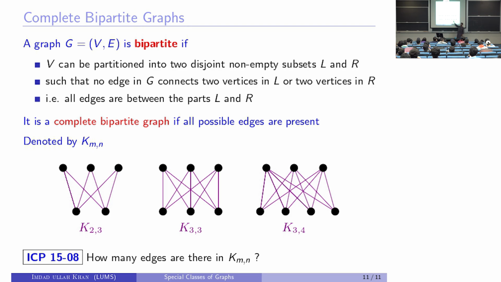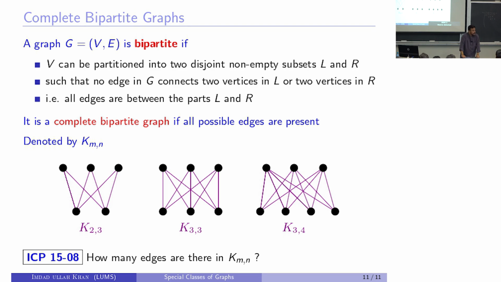What's the degree of every vertex in the top set? 4, right? So in general, if you have Kmn, what will be the degree of every vertex among the m vertices? n, right? And every vertex among the n vertices will have degree m. They will be adjacent to all the vertices in the other part.